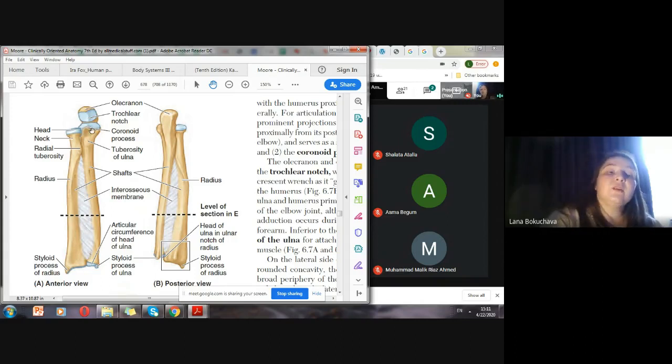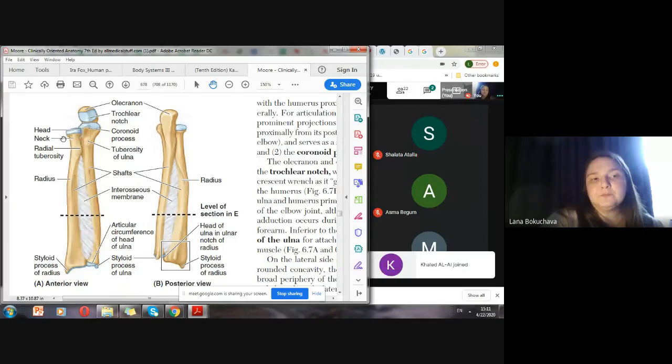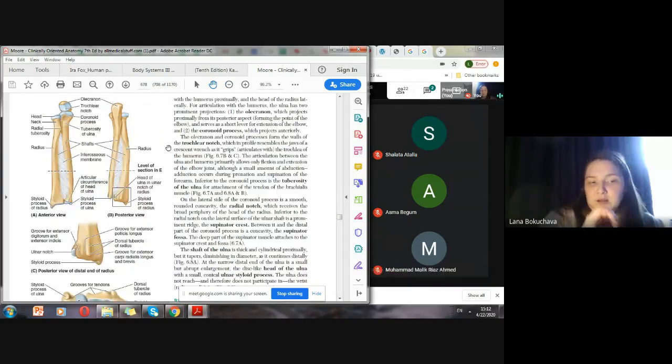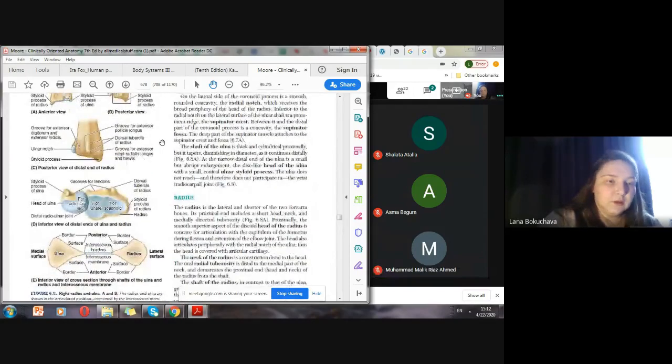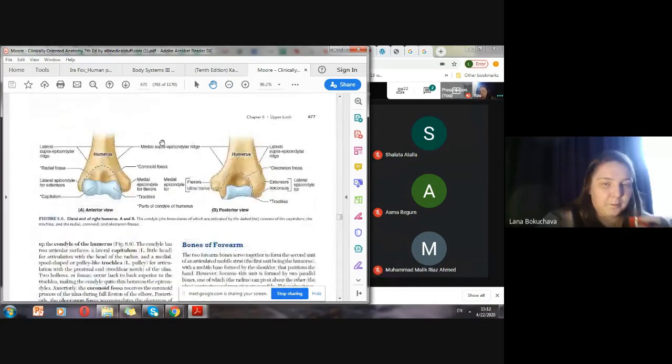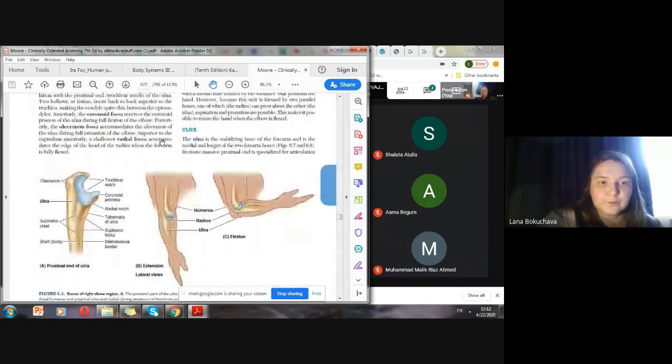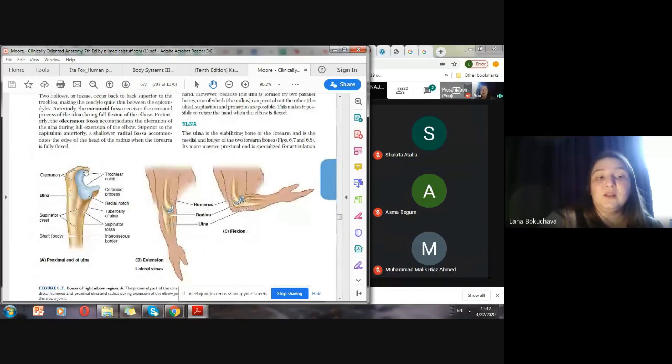As an important thing, we have here the articulation with the head of the radius, and that is particularly seen very well in this picture, which shows you the proximal end of the ulna.